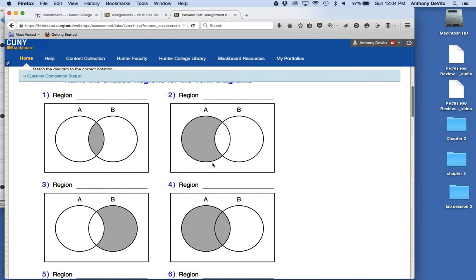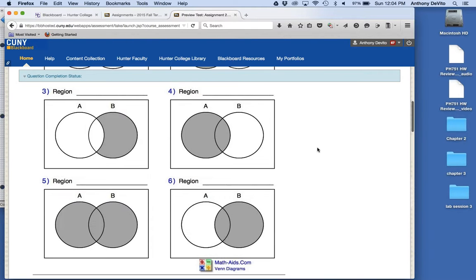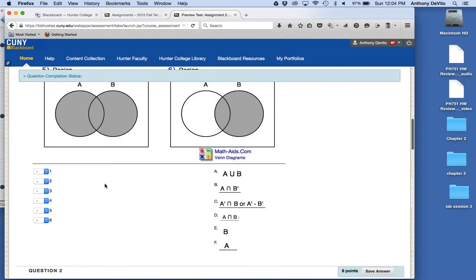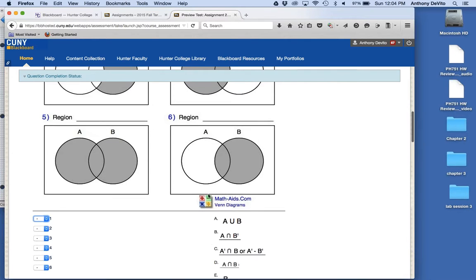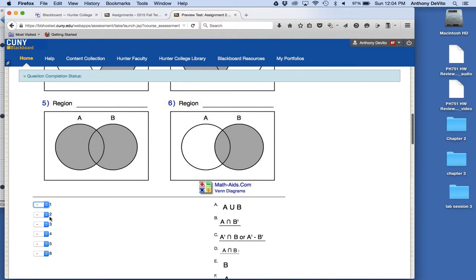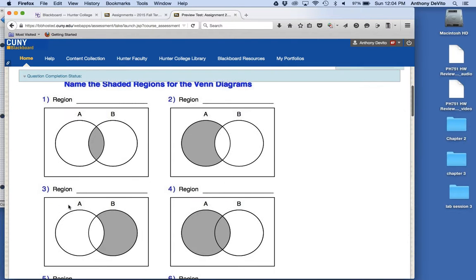So the way this works is you had the opportunity to choose which of these descriptions are appropriate for the particular diagram we're looking at.